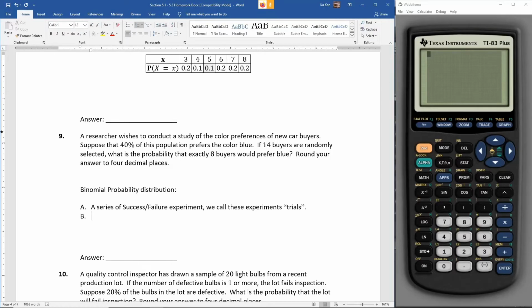The criterion would be all the trials must be independent from one another. So each separate trial has to be completely independent, meaning their outcome cannot influence one another.